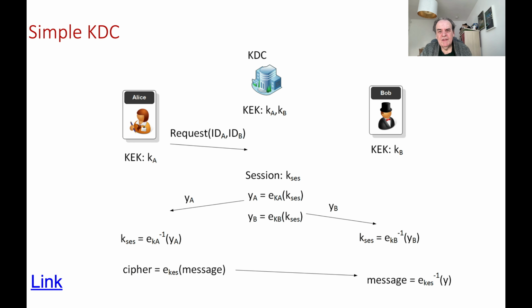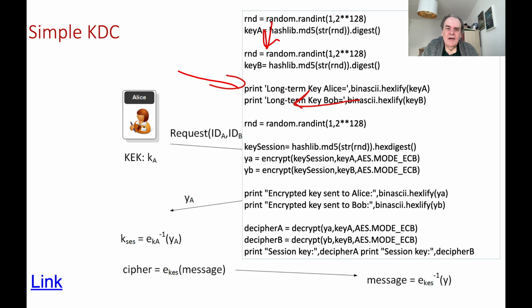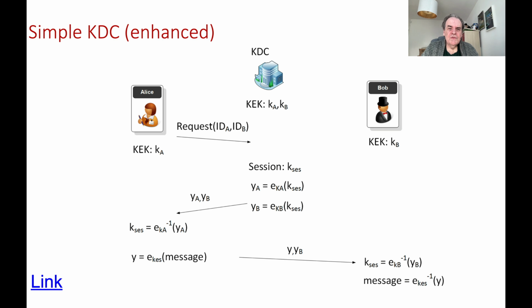Okay, here's a very simple way that can actually work. In this case, the KDC, or the Key Distribution Center, becomes the central place for communicating with Bob and Alice. An improved way, as we saw, is for Alice to request the Key Distribution Center, where the keys are being stored.